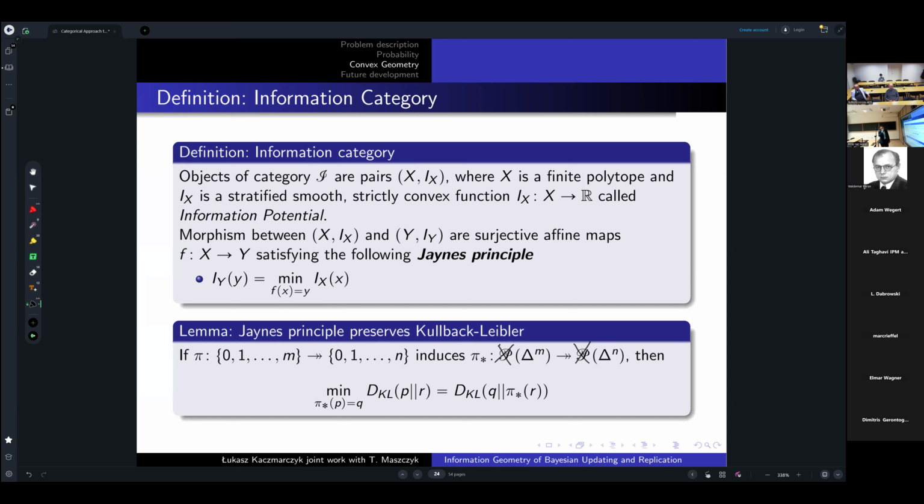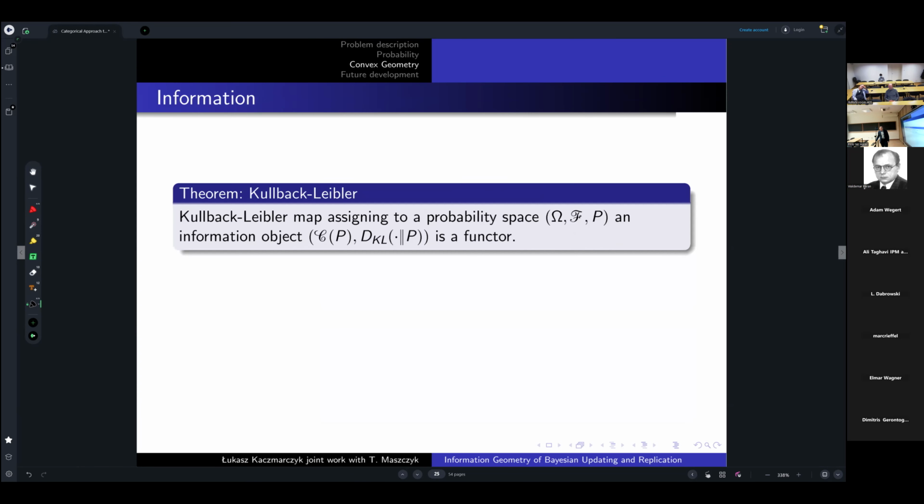And the Kullback-Leibler divergence acts properly in the sense that it satisfies the James principle in such a form, which enables us to treat Kullback-Leibler divergence as a functor from probability spaces to such information objects, where here we have convex sets and here these so-called information potentials.